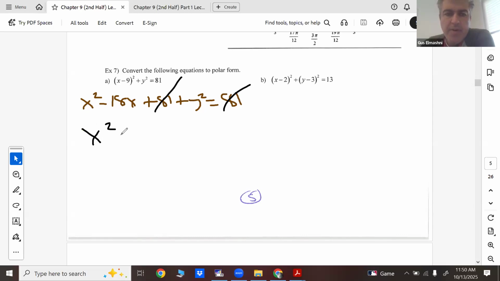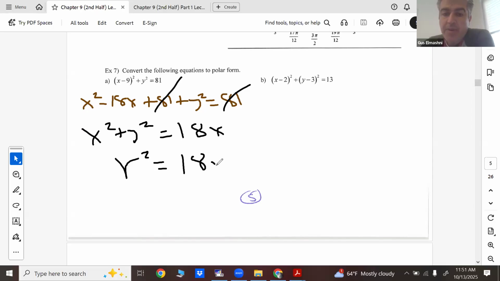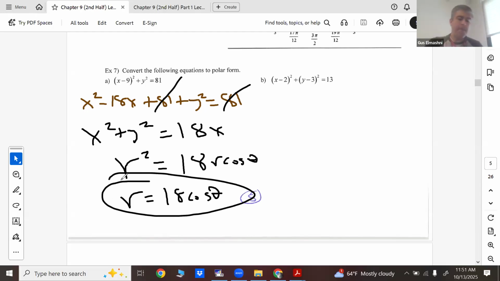So you have x squared plus y squared. I'll move this over to the other side here. What's x squared plus y squared? And 18x, I could rewrite it as r cos theta. And then the r's cancel from each side. It'll be that. So these are things that we'll be working towards.